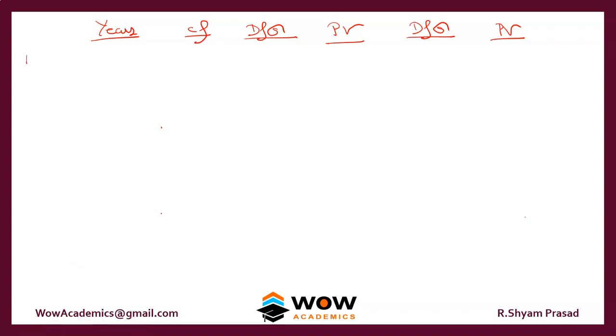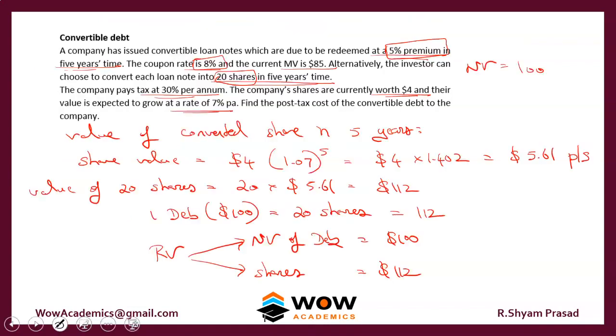First we have to get the market value, then the interest, then the redemption value. So this is the 0th year, this is years 1 to 5, and this is the 5th year. Market value is 85 and redemption value is 112. The bonds are redeemed at a premium of 5%, so that means the bond would be redeemed at 105. Whichever is higher, 105 or 112, 112 is higher. So the bond will be redeemed at 112.